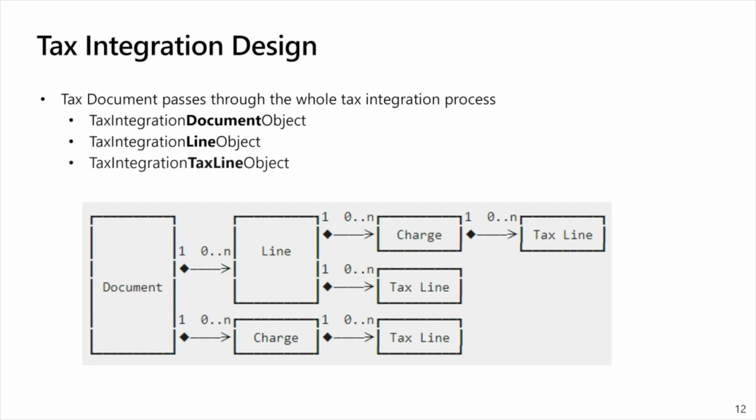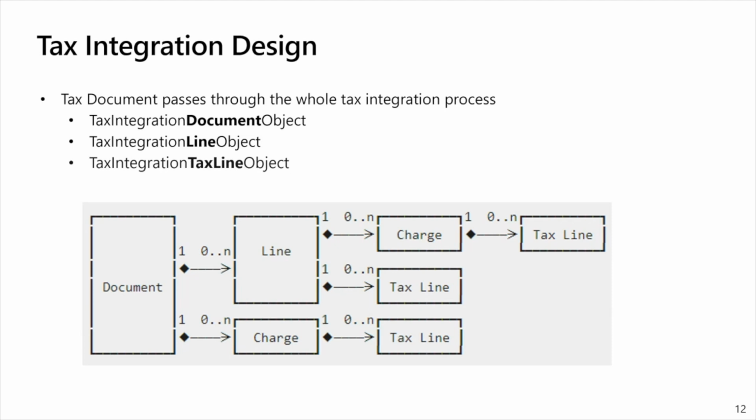First, there are three classes: tax integration document object, tax integration line object, and tax integration tax line object. You will see in this graph, the top one is the document object, and a document can contain many lines and also many charge lines. A line can also contain many charge lines and contain the tax lines.